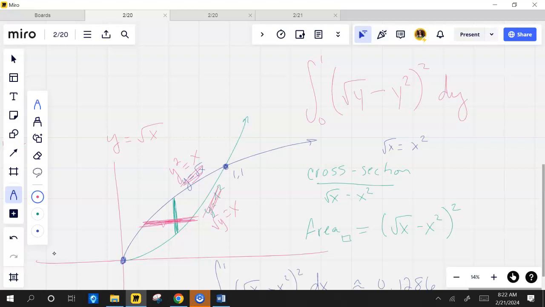Square root of y minus y. I'm thinking that it should. I don't know. That means you didn't square it, because I didn't square it at first.